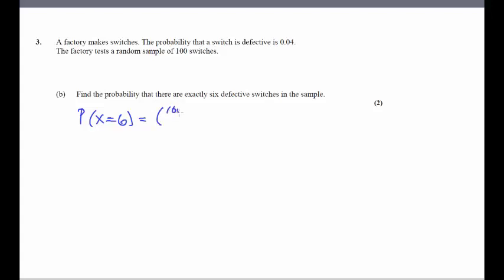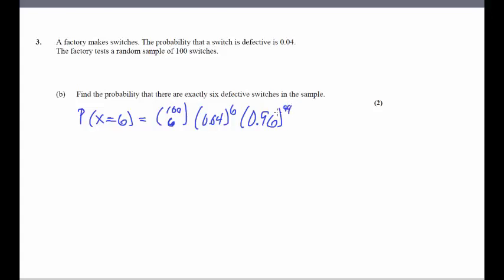And so there's 100 samples. We want 6 of them to be defective. The probability of one being defective to the power of 6, and then we want the other switches not to be defective, and they have a probability of 0.96, and that's to the 94th power.